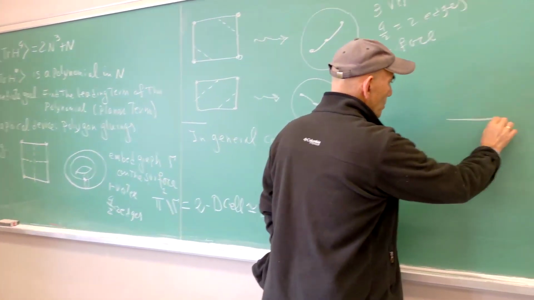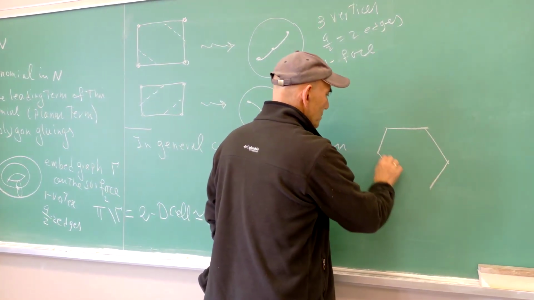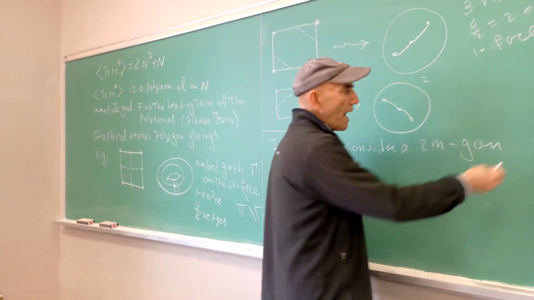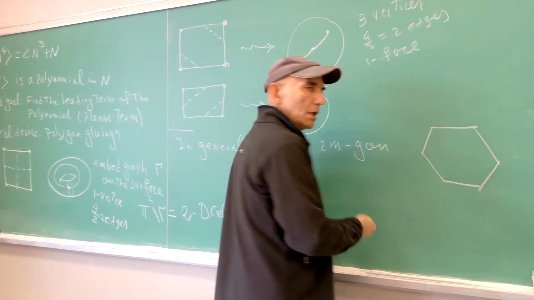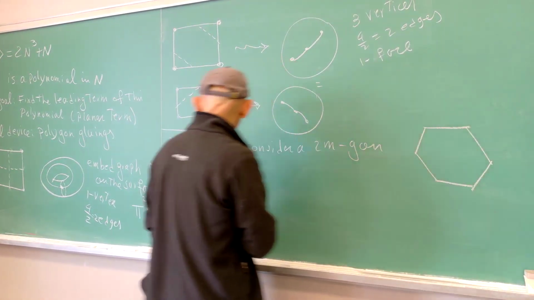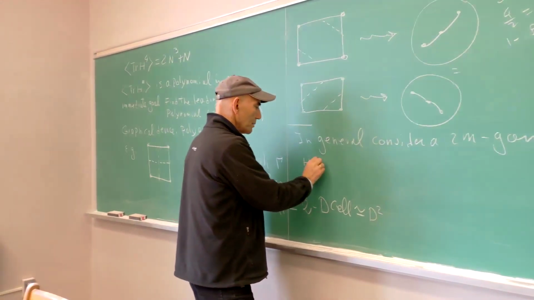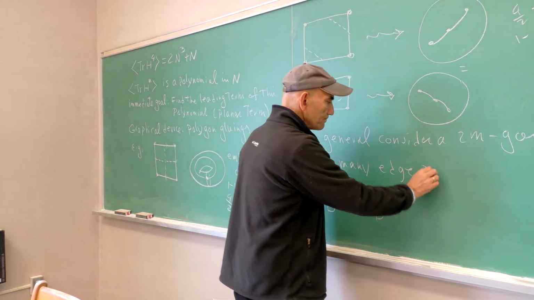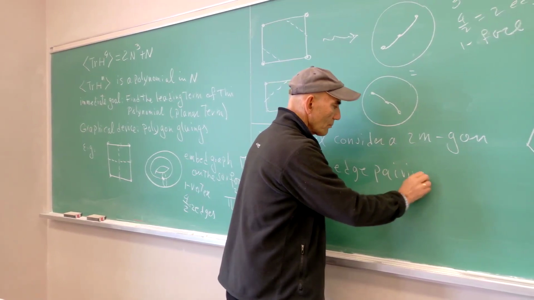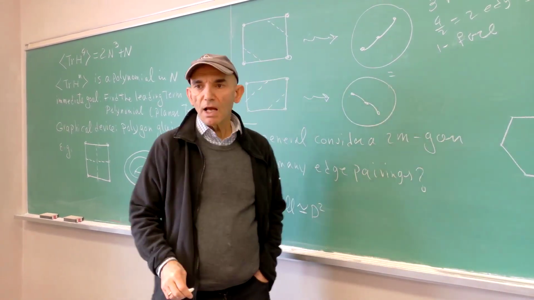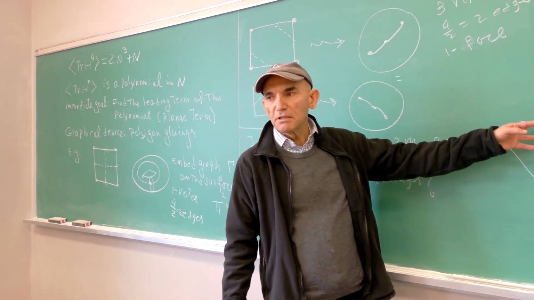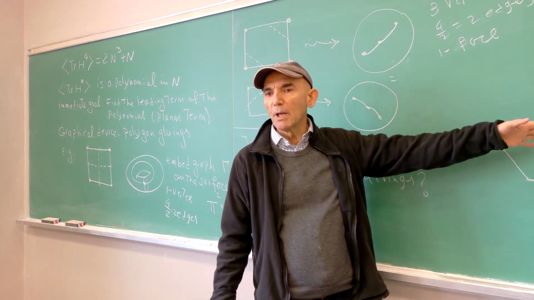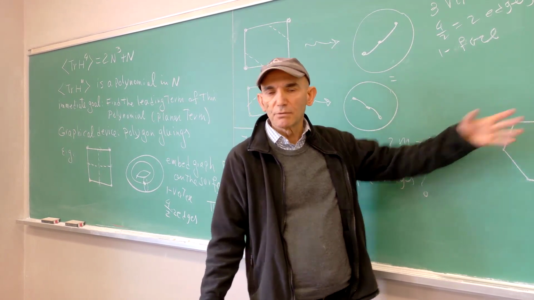So for example, for m equal to 3, we just get a six-gon, and we have many pairings, right? So how many edge pairings? Well, we know how many pairings. In the first lecture on Gaussian integrals, we saw how many pairings a set of 2m elements has. It's (2m minus 1) double factorial, right?